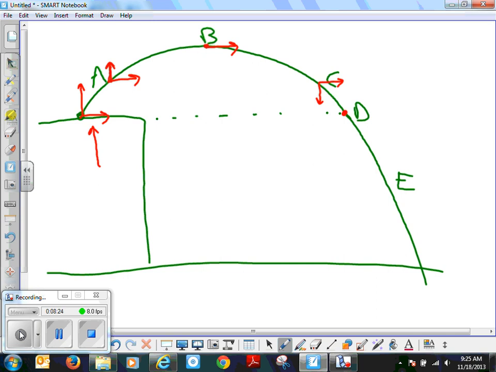What about D? Right. So it's got the same magnitude of velocity as the initial. The difference is direction. The y will be down instead of up. And then E will have the largest y and continue to have the same x velocity. Looks bigger, but it should be the same. Okay, so you can do that, right?